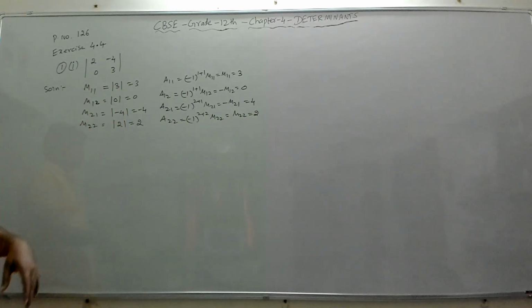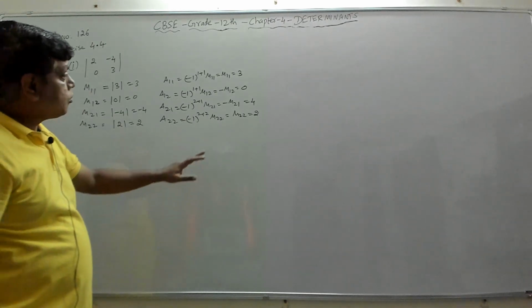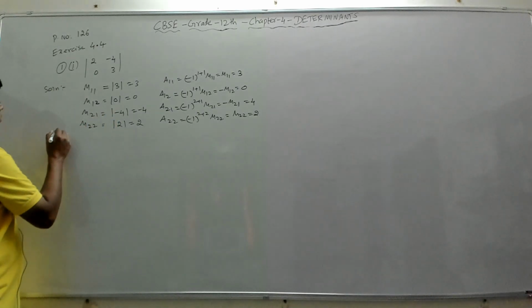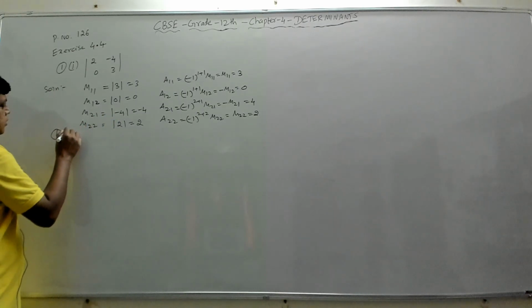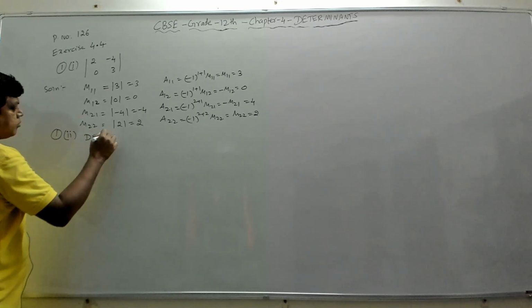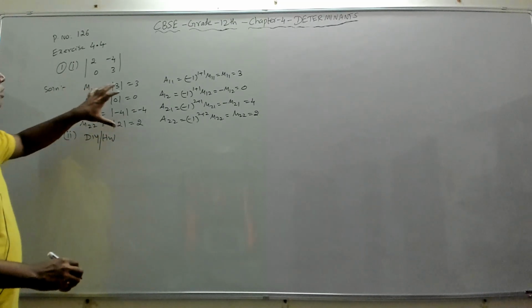So now we have found the minors of all the elements and the cofactors of all the elements of the given determinant. Fine. You all can pause the video and take the notes. Similarly, you can try the second one, the first problem, second sum, yourself, or as homework. In the same way you have to find the minors and cofactors.